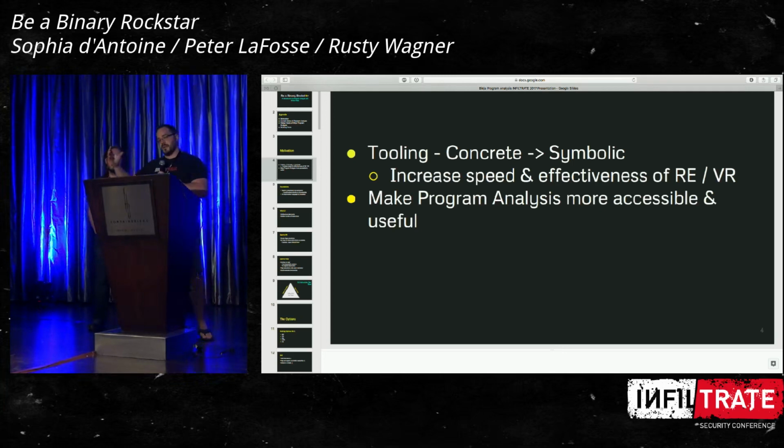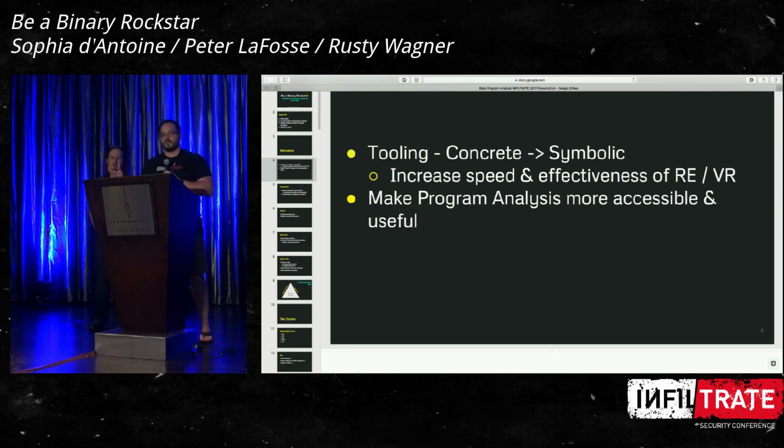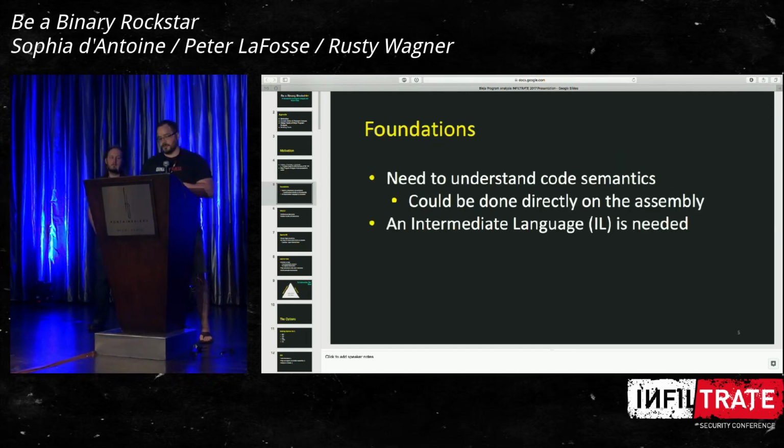Instead, if they were able to translate to a different, more symbolic form, then they would be able to reason over the actual underlying code more effectively and increase their speed and effectiveness at reverse engineering and vulnerability research. And we also wanted to make a lot of the program analysis things that people hear about and read about in papers more useful and accessible to the everyday reverse engineer.